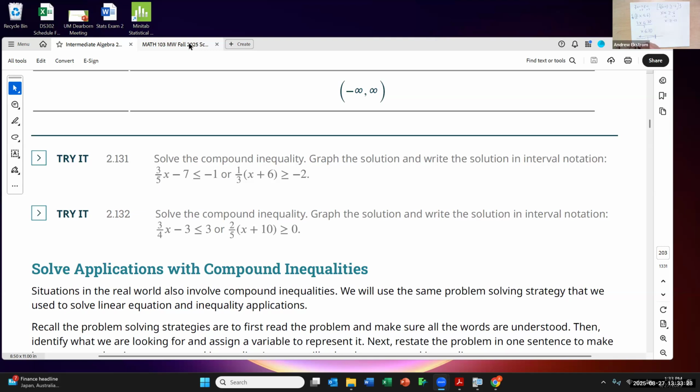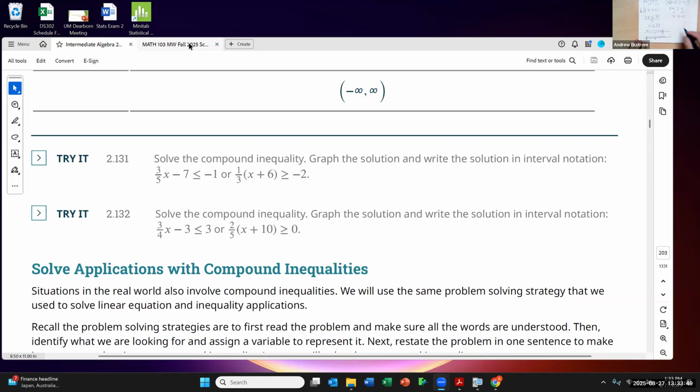Out here, again, that's going to be 0. That's going to be a -12. And this is telling me that x has to be greater than or equal to -12. So I can have something like that.